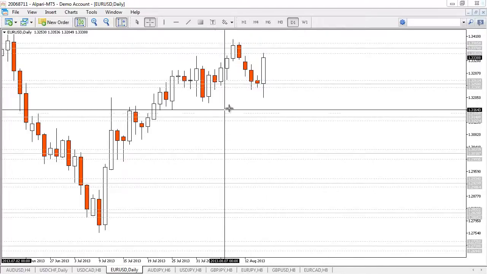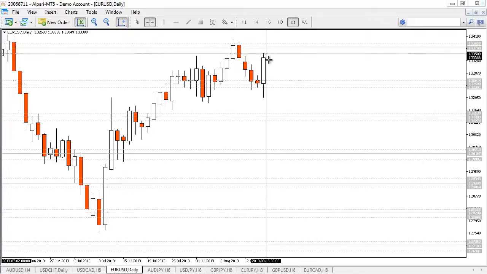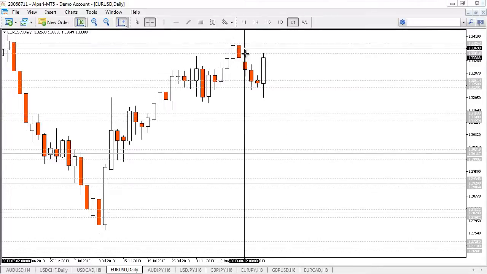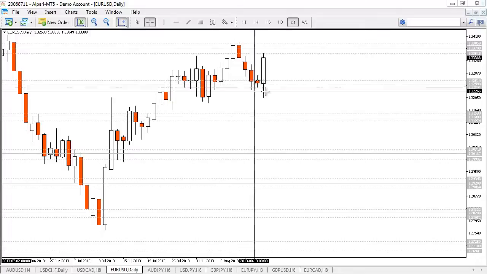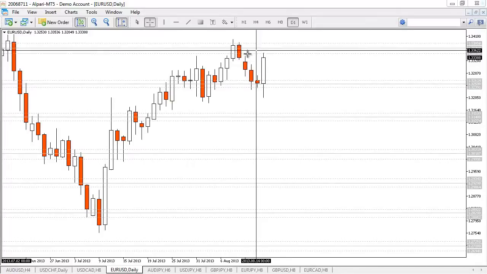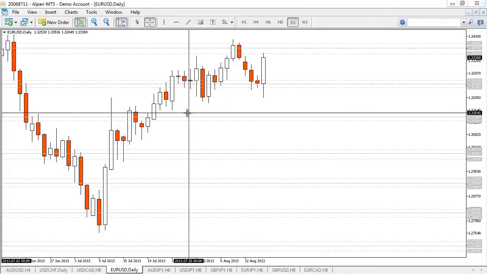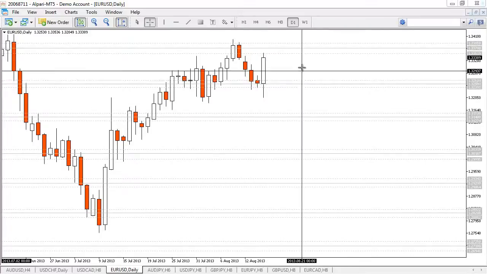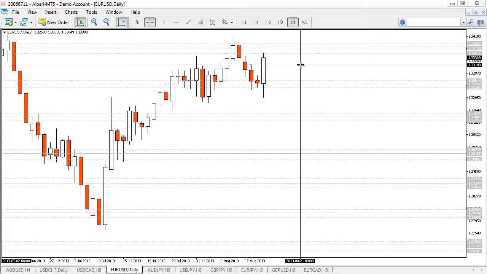So a lot of these reversals form because the news is being factored in. Price is moving down, then the news starts getting factored in, and reversals start to form. Not a lot, but some of the reversals that form are forming because the news is coming and the market is reacting to what that news is going to be.